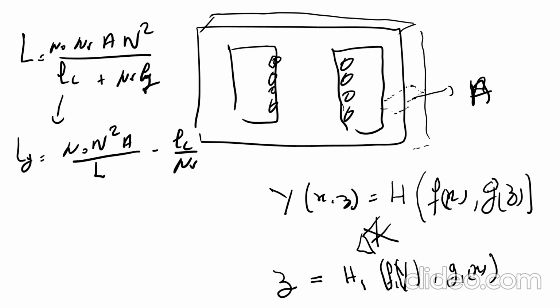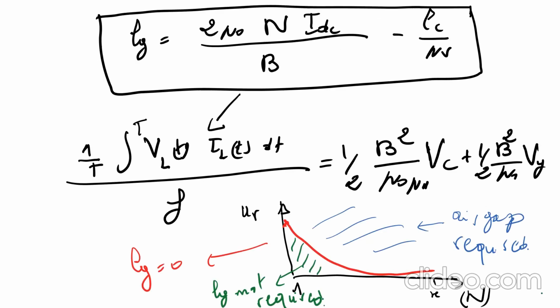Here is another explanation of how the air gap does not depend on the cross section. The exact equation to calculate the air gap is given in front of you. As you can see, it is a function of the number of turns, the DC current, and the second term, the ratio between LC and mu r, divided by the first term.